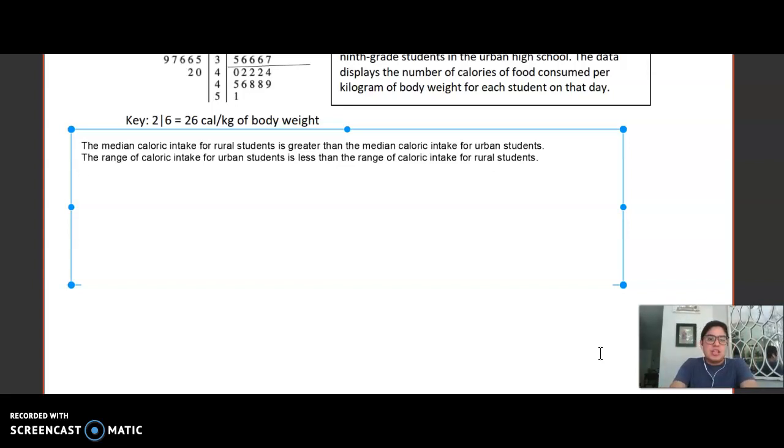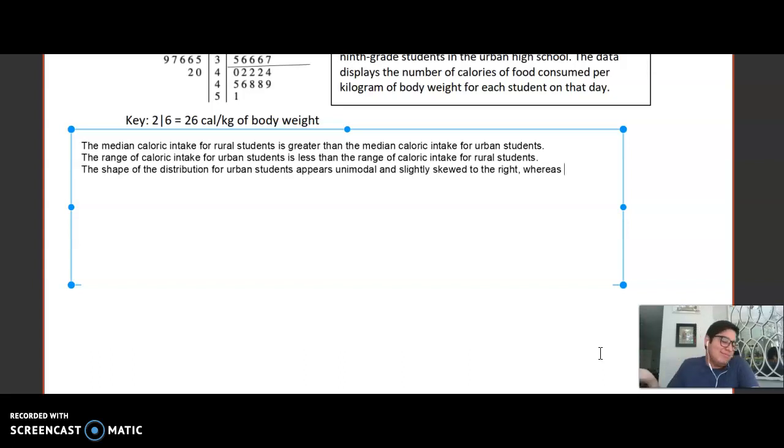Now let's talk about the shape. So the shape of the distribution for urban students appears unimodal and slightly skewed to the right. Whereas, because now they just have two completely different shape categories, it wouldn't make sense for me to say my skewed right is greater than skewed left.